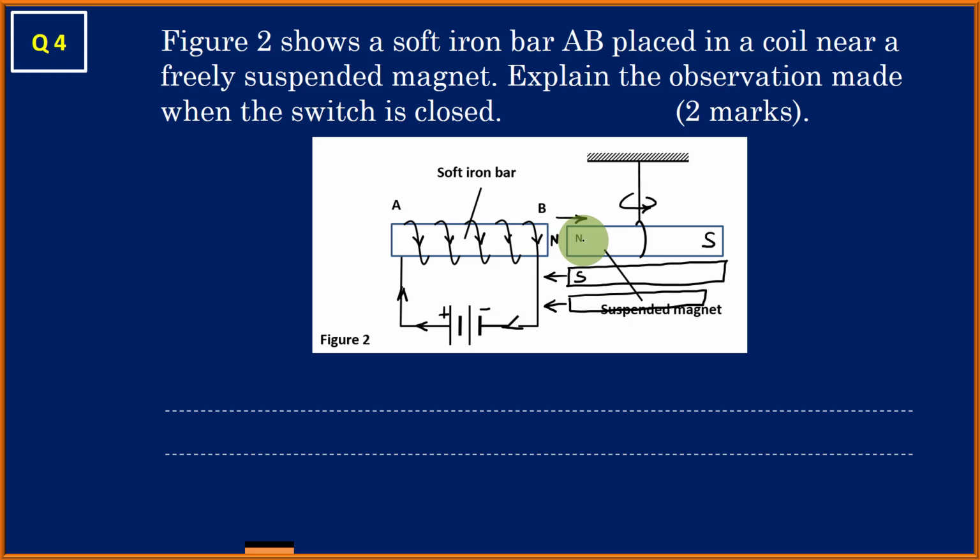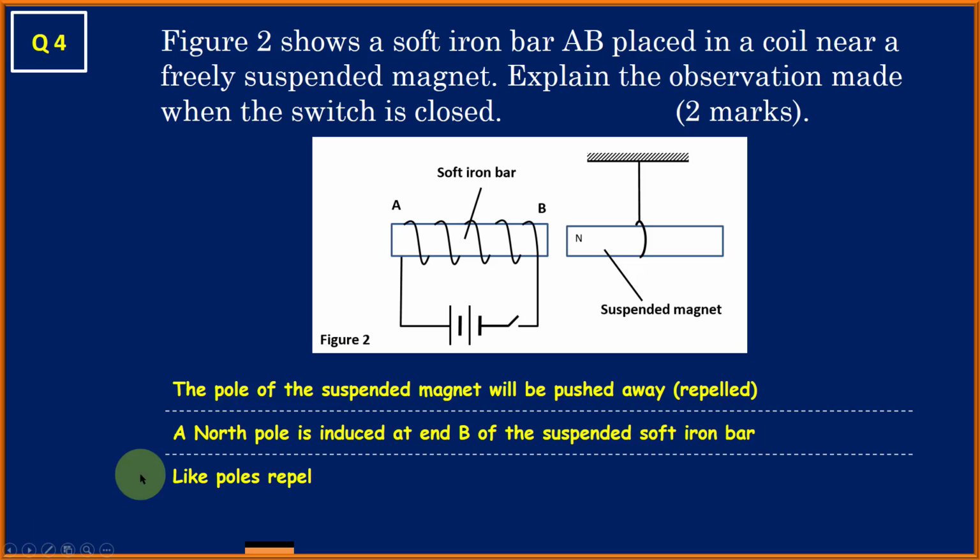So repulsion is the only sure test of polarity. So again, we expect the pole on the suspended magnet will be pushed away or repelled. A north pole is induced at end B of the suspended soft iron bar. And of course, I've already explained it's because like poles repel.